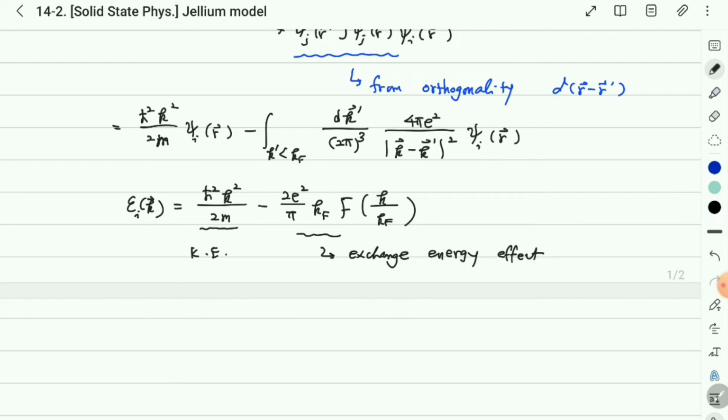I did not calculate this in detail, but the exact result for the F function is 1/2 plus (1 minus x squared) over 4x times log of (1 plus x) over (1 minus x). We call it the Lindhard function.